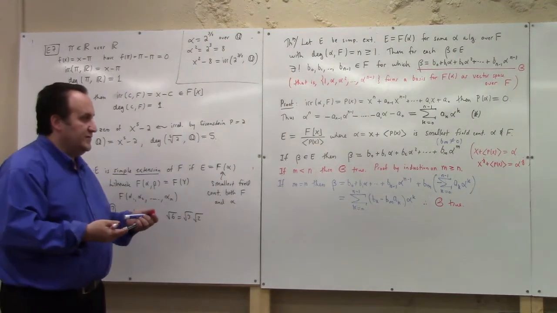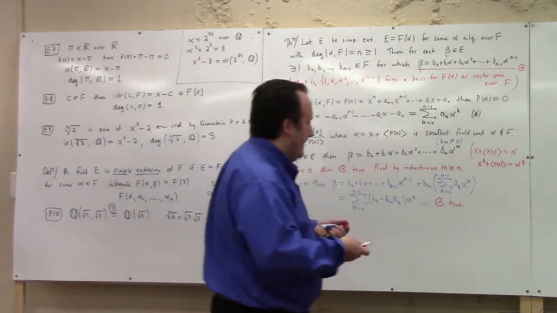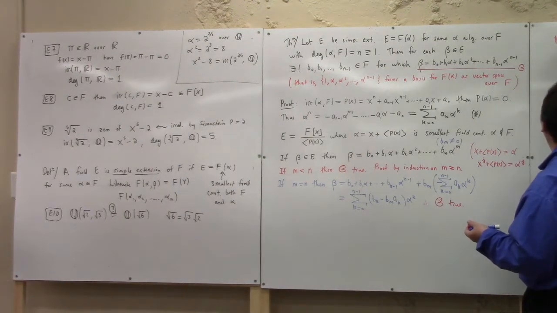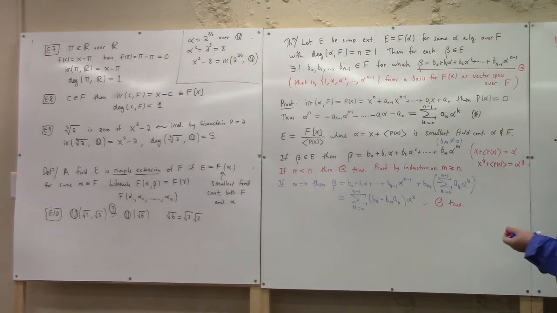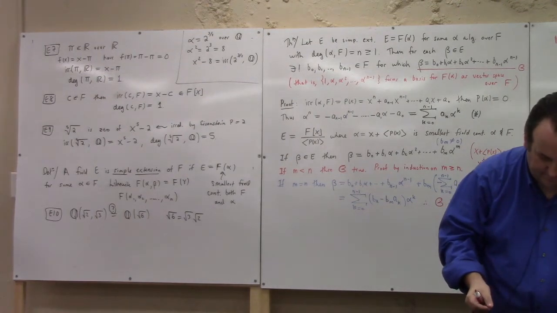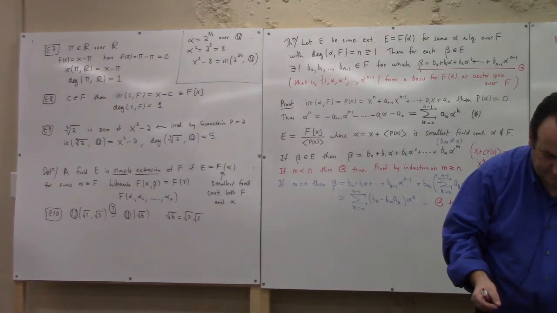So next I assume k is true, and then you have to prove k plus 1. Or, I guess, m plus 1, n plus 1.